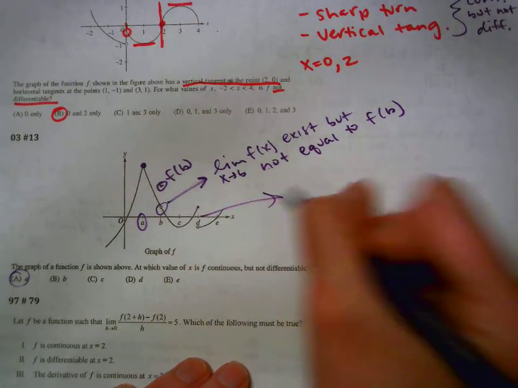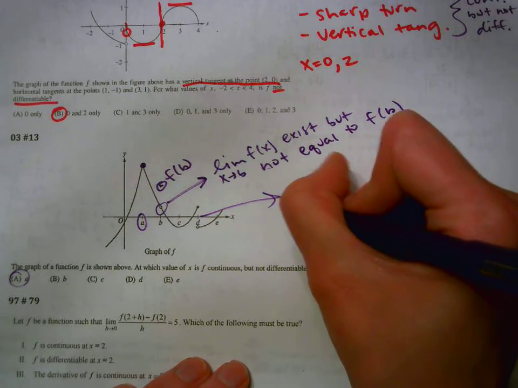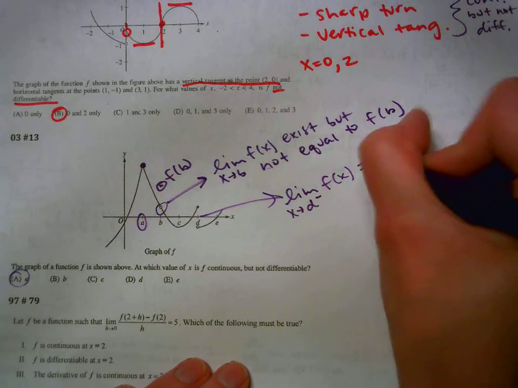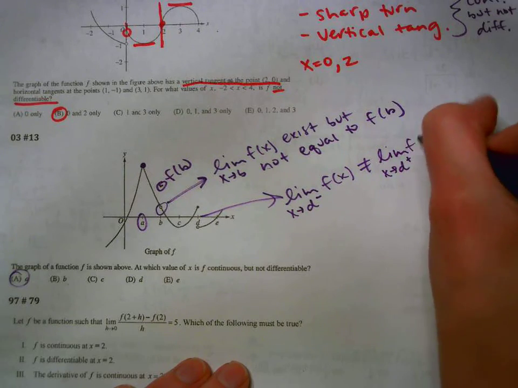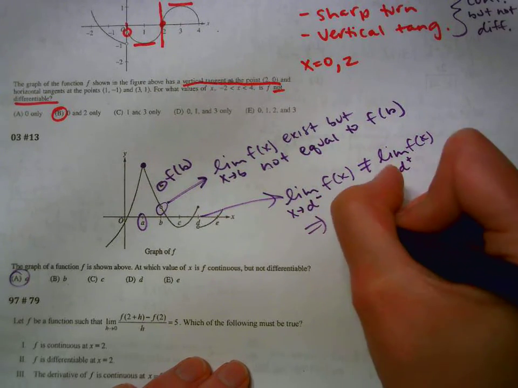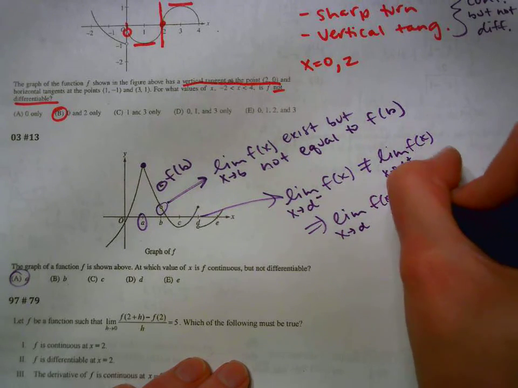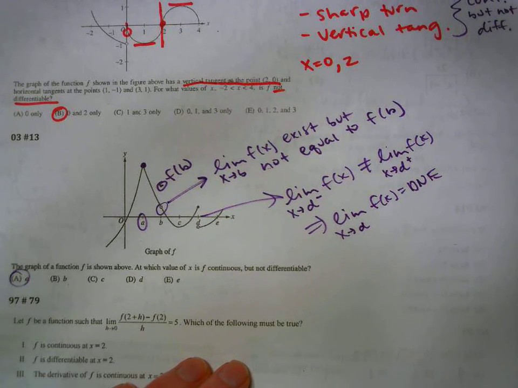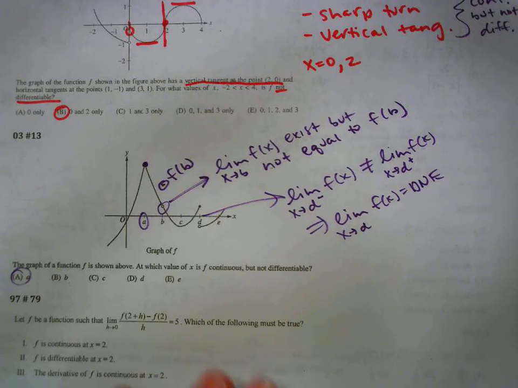Now at D, the limit doesn't even exist because the limit as x approaches D from the left doesn't equal the limit as x approaches D from the right. So therefore, the limit as x approaches D does not exist. And if the limit doesn't exist, it can't be continuous because then it can't equal the y value. Okay, so hopefully that helped to break it down on a graph.